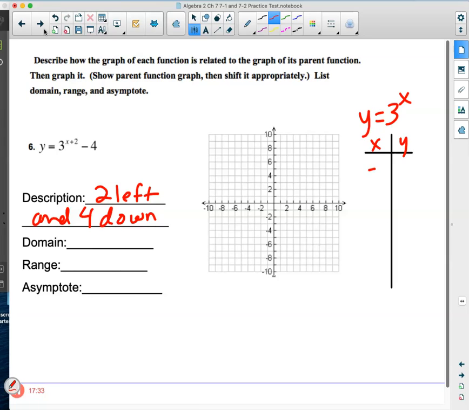Maybe -1, 0, 1, 2. If we know it's growth, we know it's going to start low and it's going to go high. Negative powers do what again? Flip it. So this will become 1/3. Anything to the 0 power is what? 1. 3 to the first is 3, and 3 squared is 9. There's our parent function. Let's get it on there.